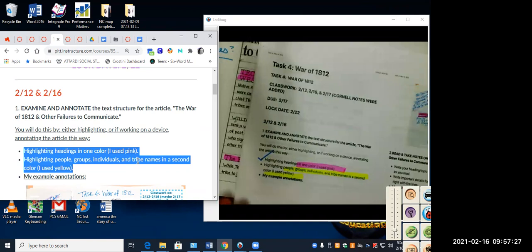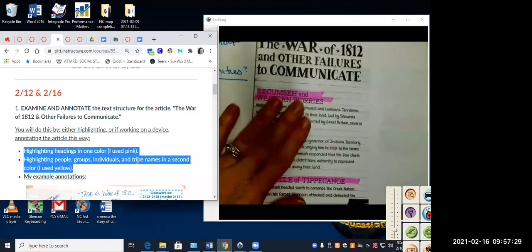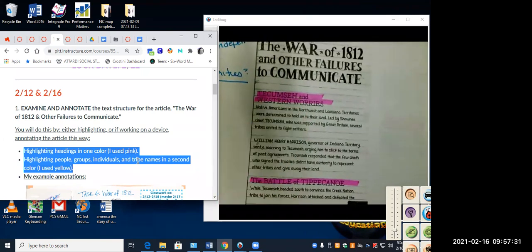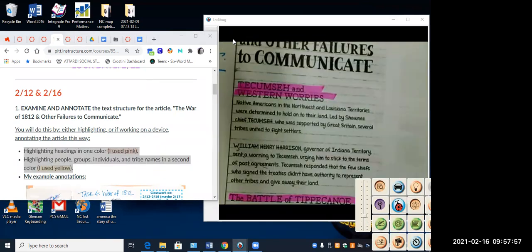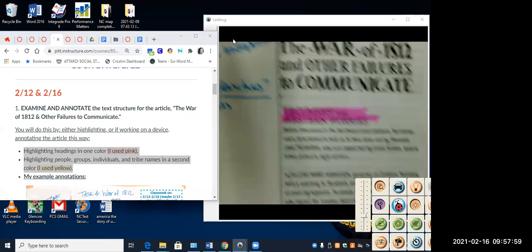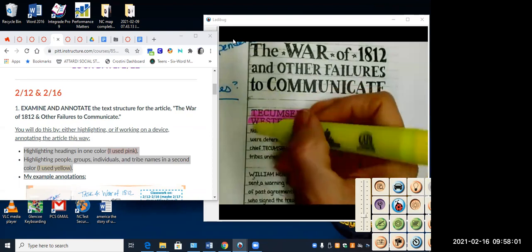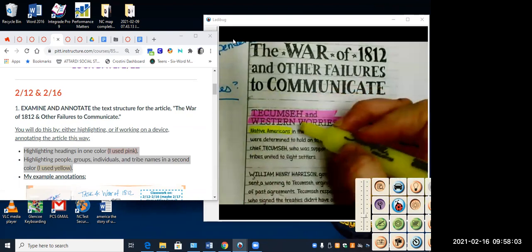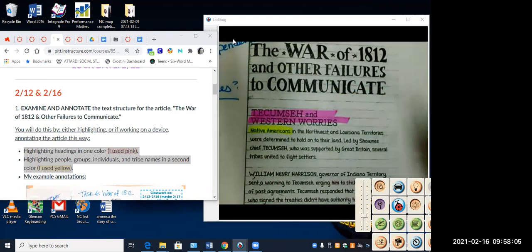Okay, so back to our article, let's highlight in yellow or whatever your second color is. So on this article, we can highlight Native Americans. Okay, what else?